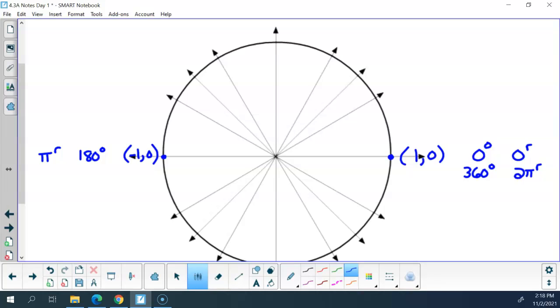Okay. Let's take our half and cut it in half. Degrees, 90. So that's going to be straight up.